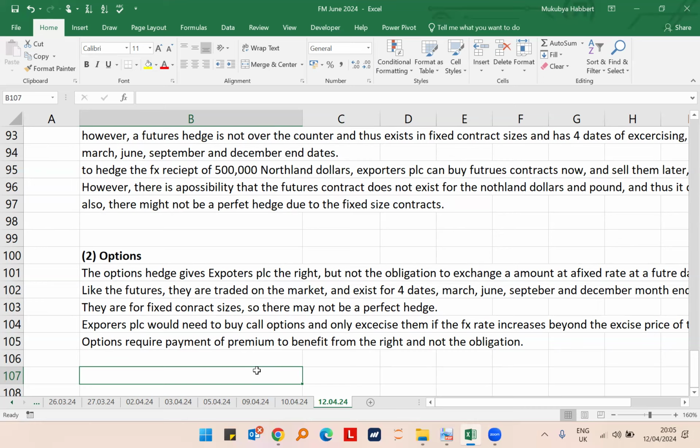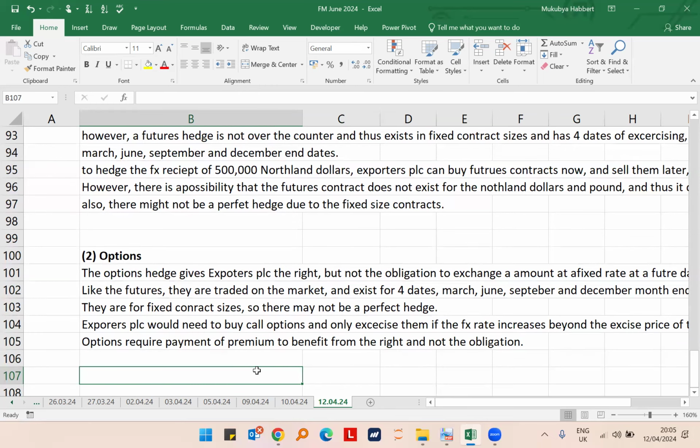They normally call them the June futures, March futures, September futures, and December futures. They are usually for 3 months. So if your receipt is going to be in August, then of course you can't use the June ones because August is after June.